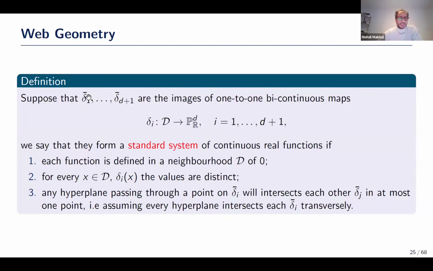We say that these d plus 1 tuples of curves define a standard system if, first, for every x in the domain, the values of delta i are distinct. And second, if I draw a hyperplane through any of these delta i, then it must intersect the other delta j's in at most 1 point. So it means there is no hyperplane intersecting one delta i in 2 points, for example. So this is some local property.